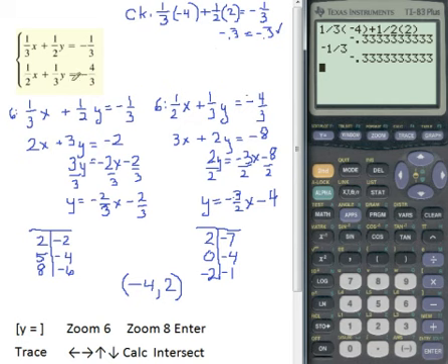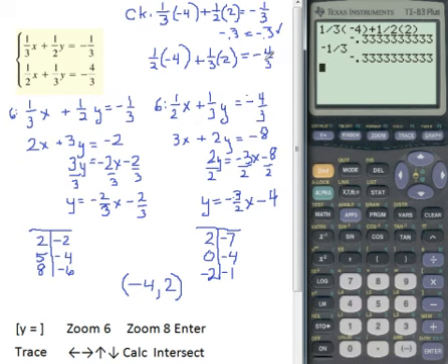And it should also solve the second one, so we're going to enter 1/2 times negative 4 plus 1/3 times 2, and it better equal negative 4/3.